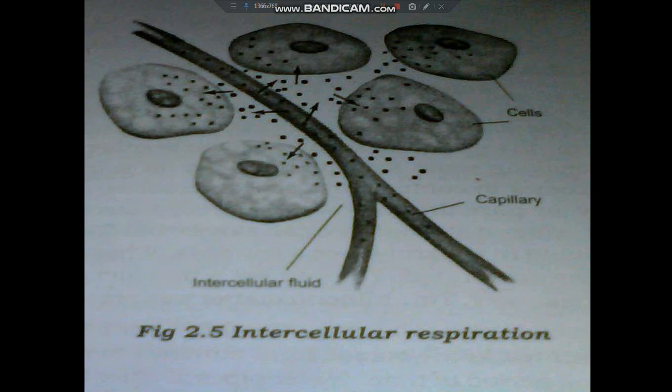So inhalation and exhalation are both quite the opposite of each other. The path also is reversed. So here we are going to stop for the process of cellular respiration.